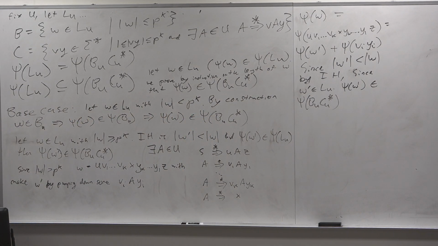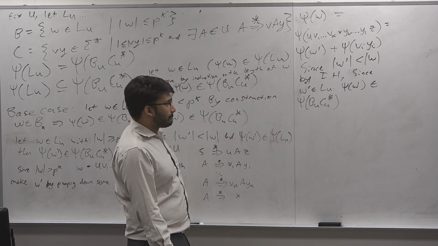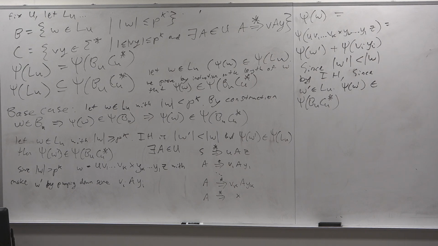So what does that tell us about the frequency of W plus VIYI? What do you know about VIYI, by the way? It is non-zero, but by construction, what is the relationship between VI, YI, and B or C? In fact, C is simply defined to be those things that are from the pumping limit, those VI, YI pairs.